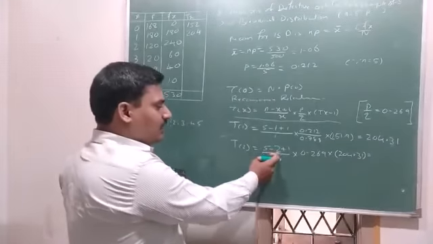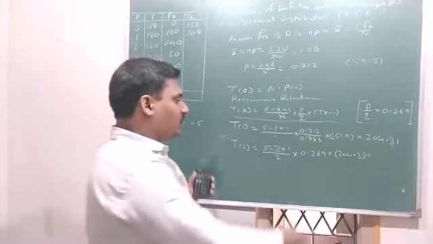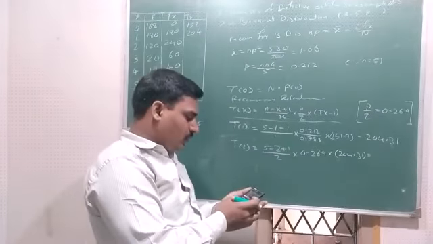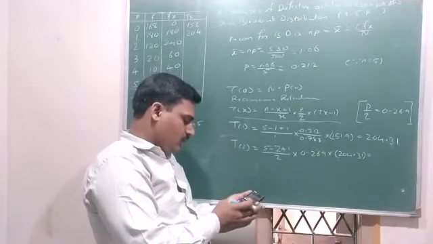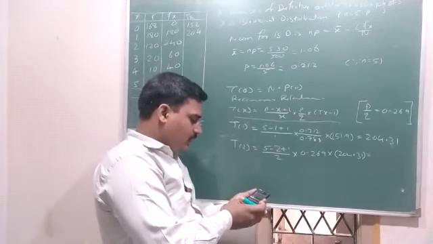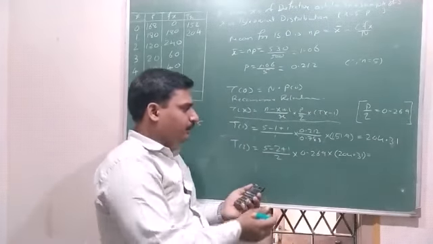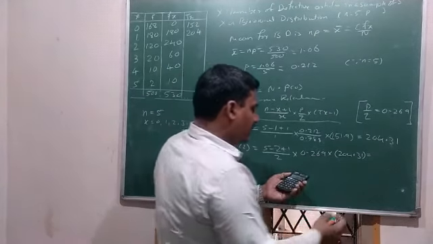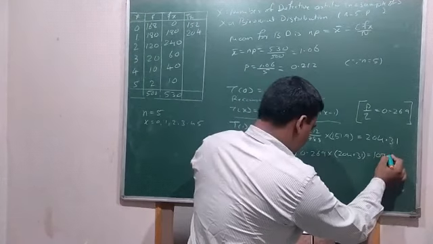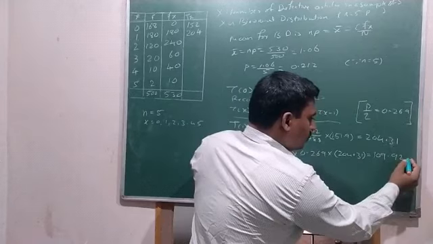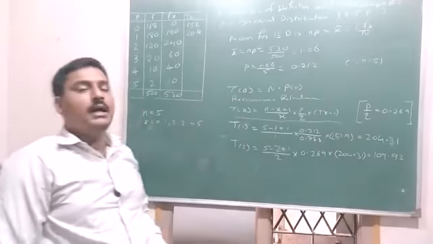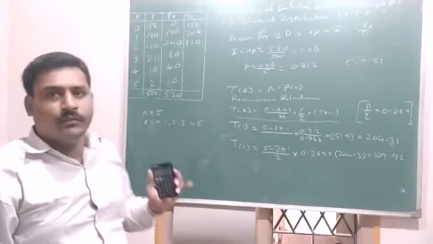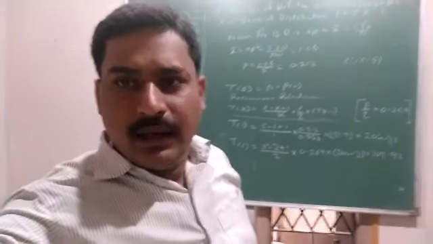So 5 minus 2 is 3, 3 plus 1 is 4, 4 divided by 2 is 2. So 2 into 0.269 into 204.31 is equal to 109.92, approximately 110.